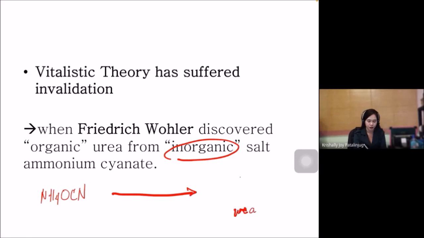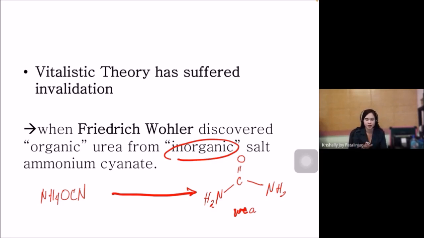So this is the structure. Don't study the structures yet, okay? For now, this is just an introduction. We will cover how to draw the structures of organic compounds later. So, I repeat, there was a scientist who made it possible to synthesize an organic compound from an inorganic sample in the laboratory.